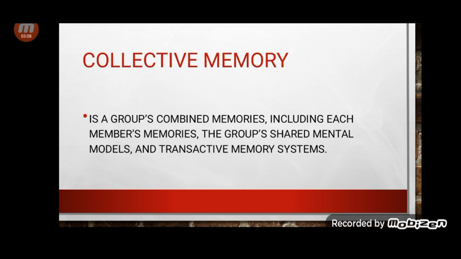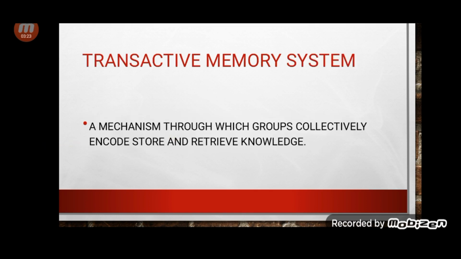This is to emphasize the relevance of group memories, that in doing group discussion, it is making use of the transactive memory system. A transactive memory system is a mechanism through which groups collectively encode, store, and retrieve knowledge.